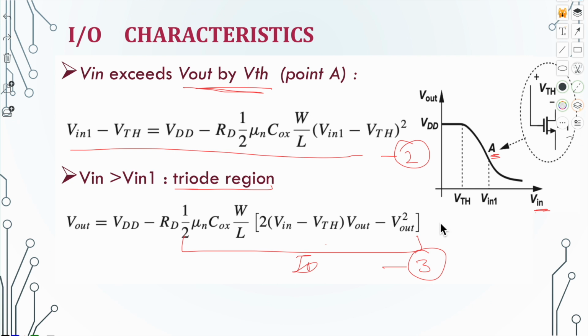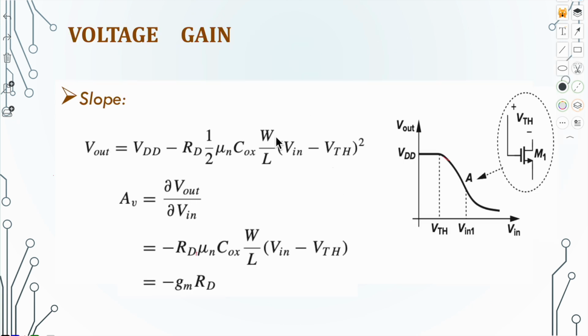Now let's find out the voltage gain from this input-output characteristic. As we know, the voltage gain is simply given by the slope of the input-output characteristic. So differentiating both sides of equation 1 with respect to Vin, we get the voltage gain. Here this is the transconductance, mu n Cox, W by L, Vin minus VTH.